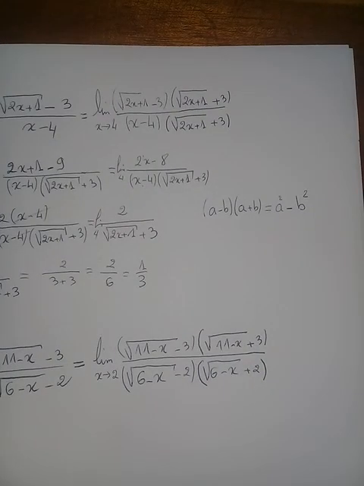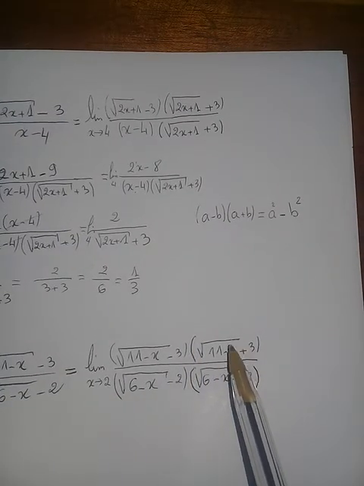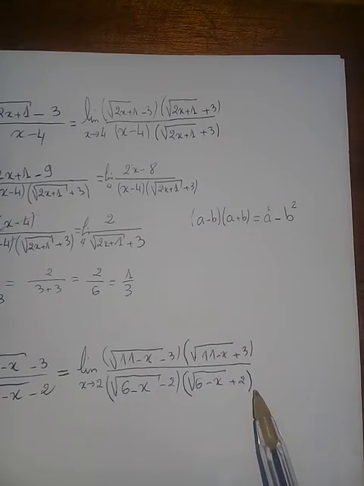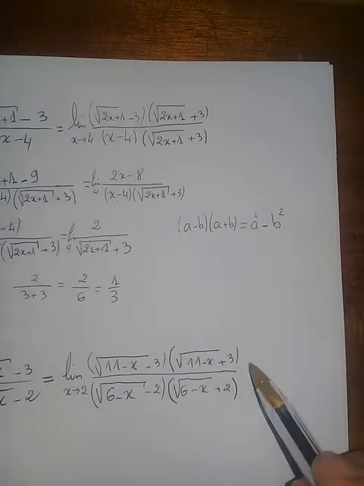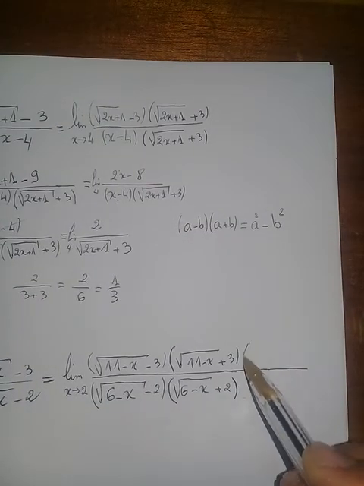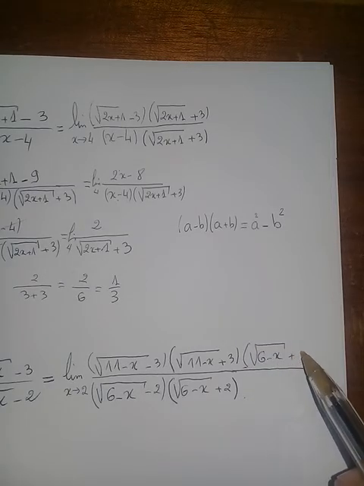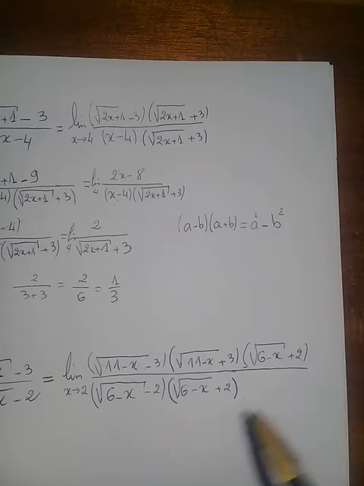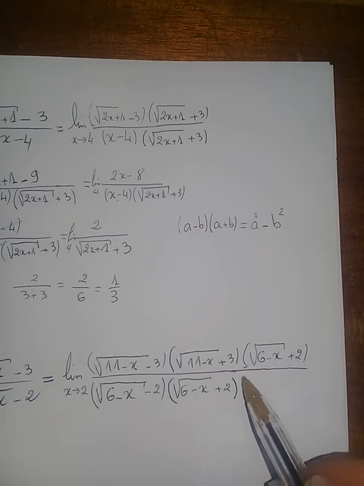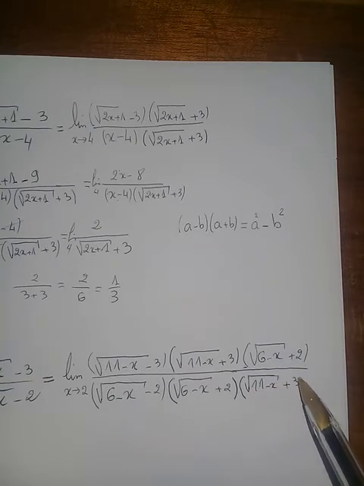But to keep the same value as the beginning, here I multiplied by this, and the same number has to appear in the bottom, and the same number is going to appear at the top. So here, this one, square root of 6 minus x plus 2. So if I were to simplify, it's like I've done nothing. And here, square root of 11 minus x plus 3.